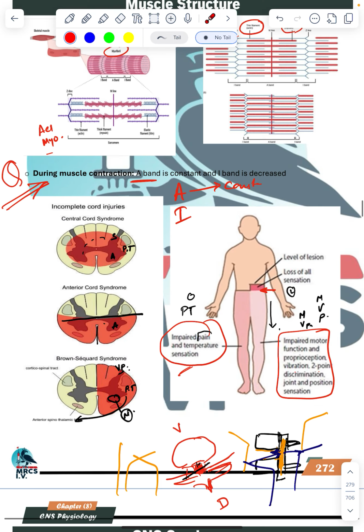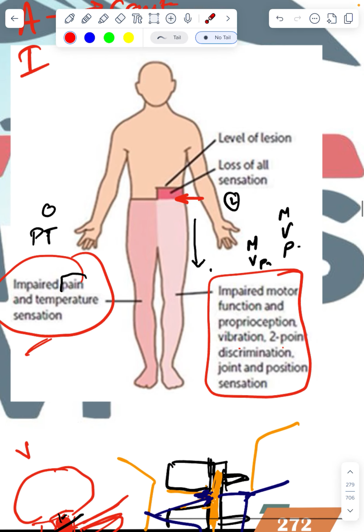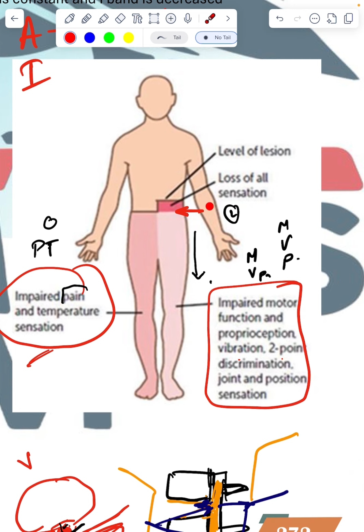So in incomplete cord transections, what happens in the different types? Here is the lesion. Same side motor function, proprioception, and two-point discrimination are lost, and opposite side pain and temperature. This is Brown-Sequard.